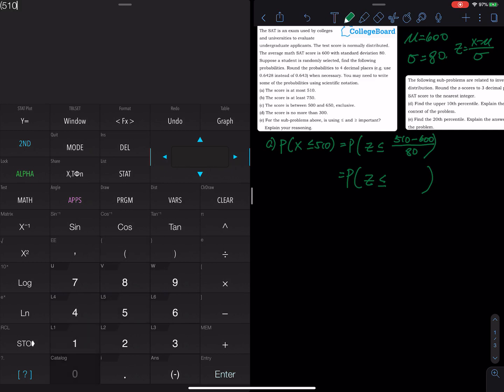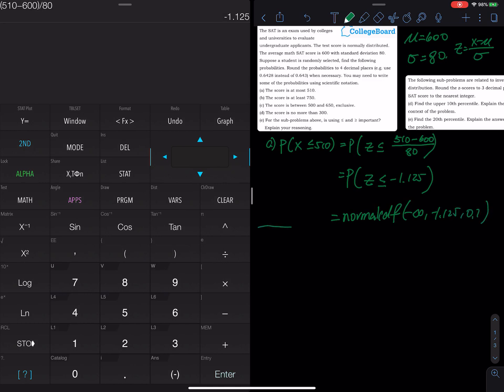Parenthesis 510 minus 600 close parenthesis, divided by 80, and then hit enter: negative 1.125. Then I draw the calculator command, that is a normal CDF from negative infinity to negative 1.125, and then 0 and 1.